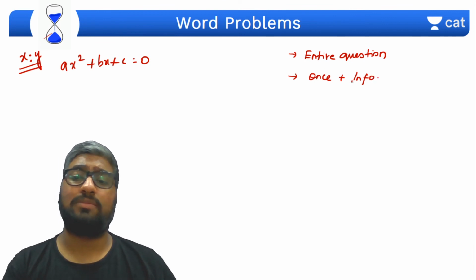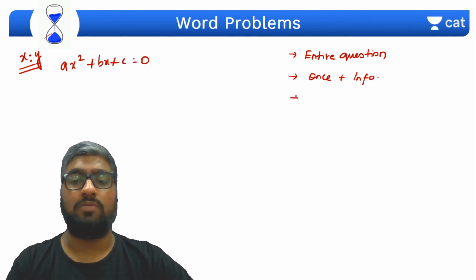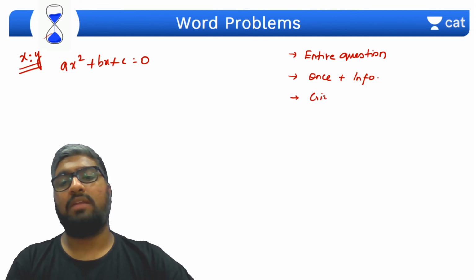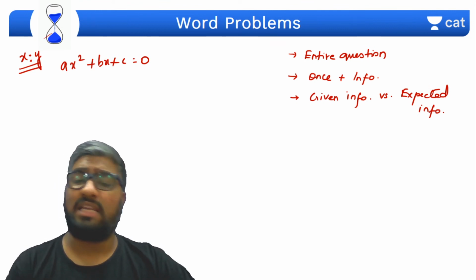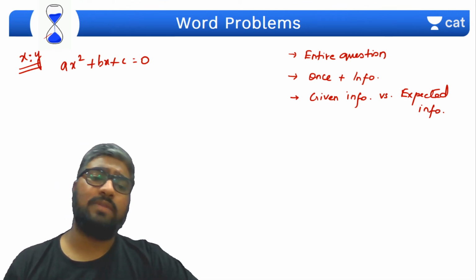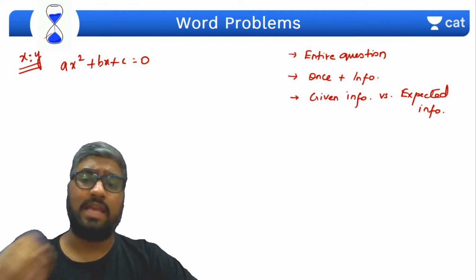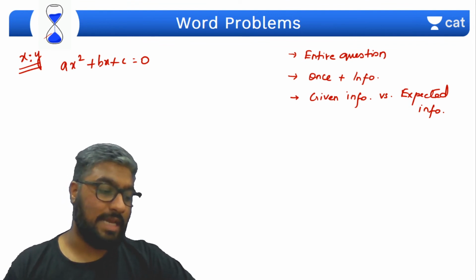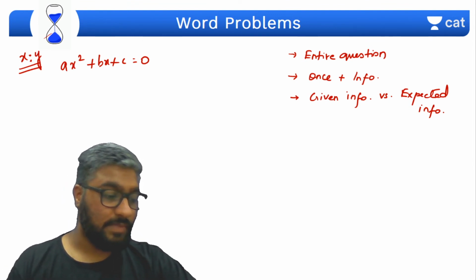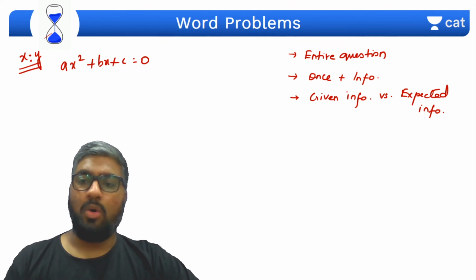Given information versus what is expected of us should be identified immediately, otherwise you will get involved in calculations and equations in the given scenario and forget what the question has asked for. Clear? Okay, great.